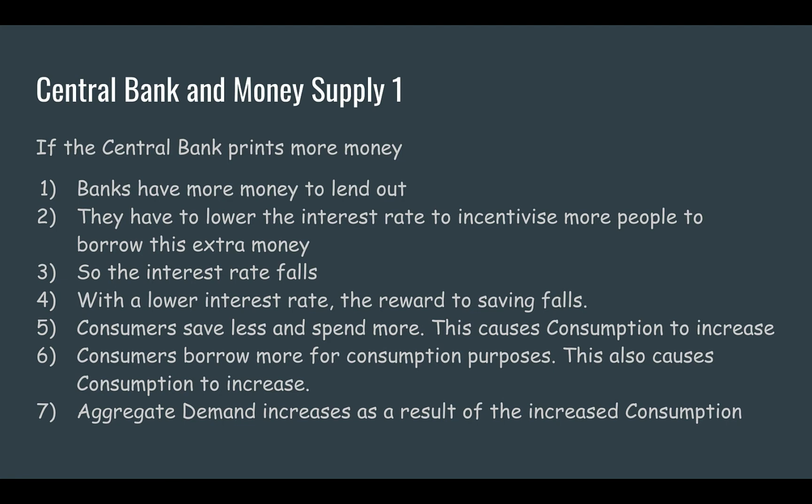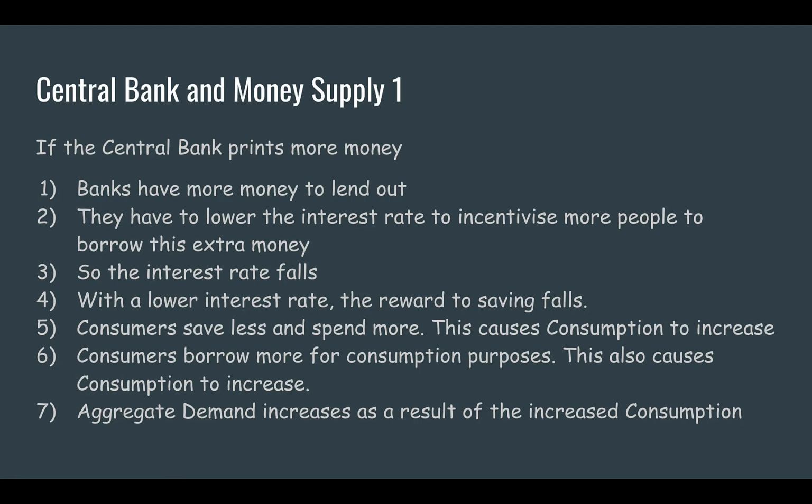Now these commercial banks have more money to lend out. If they have more money to lend out, they have to do something to the price of borrowing this money in order to incentivize people to borrow this extra cash so that they can make the new profit on this extra cash the central bank has given them.